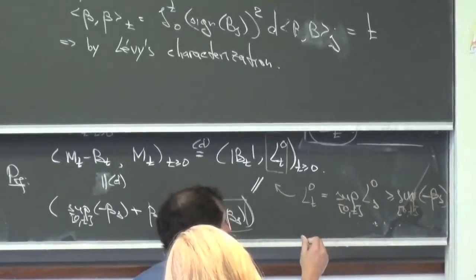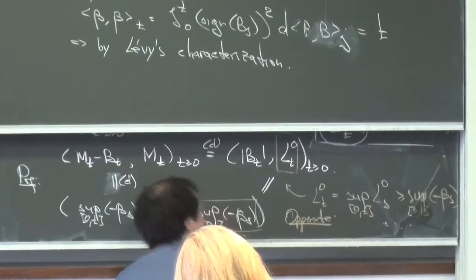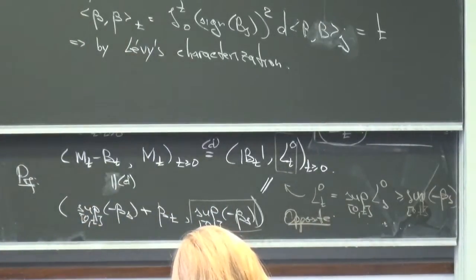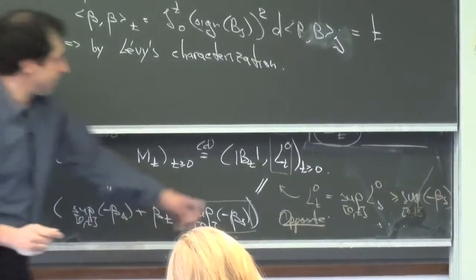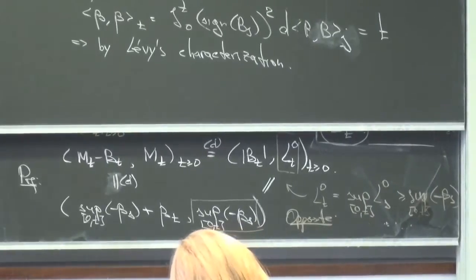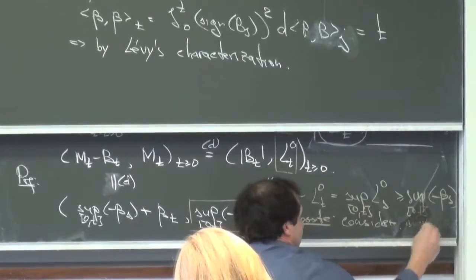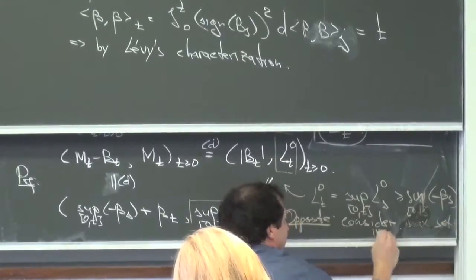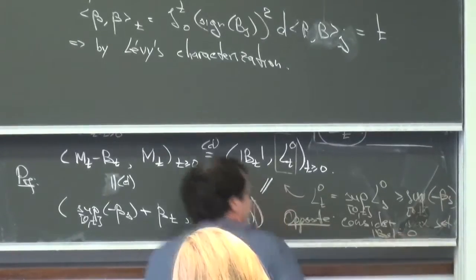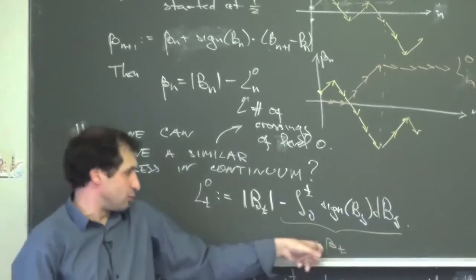And to prove the opposite, just say, okay, at a given time t, let me consider the last time before this when B_s was 0. Consider the max of s less than t such that B_s was 0. And at this time s, this term disappeared. So what we know is that L_s was equal to minus B_s.